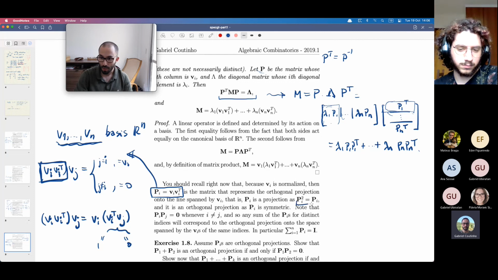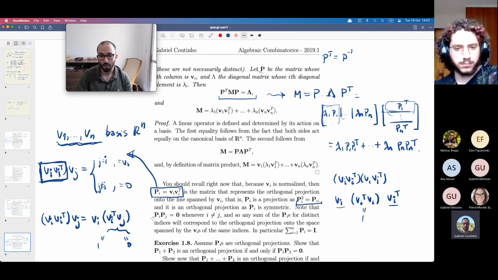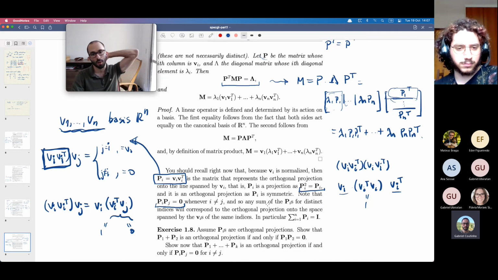That is, Pi squared is equal to Pi, not difficult. Vi Vi transpose times Vi Vi transpose is Vi times Vi transpose Vi times Vi transpose. This is equal to 1, and you're left with Vi Vi transpose. It is symmetric, of course, and it also satisfies Pi Pj is equal to 0. So any sum of these matrices for distinct indices will correspond to the orthogonal projection onto the space spanned by the Vi of the same indices.